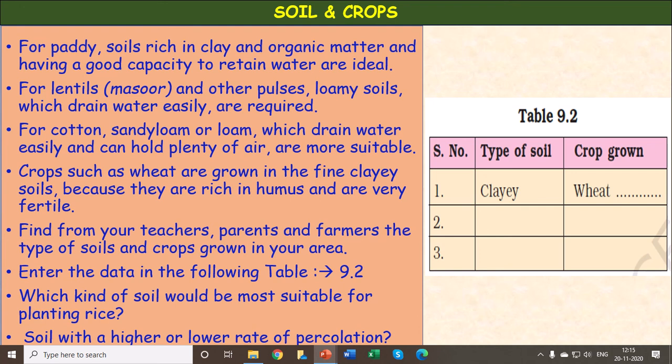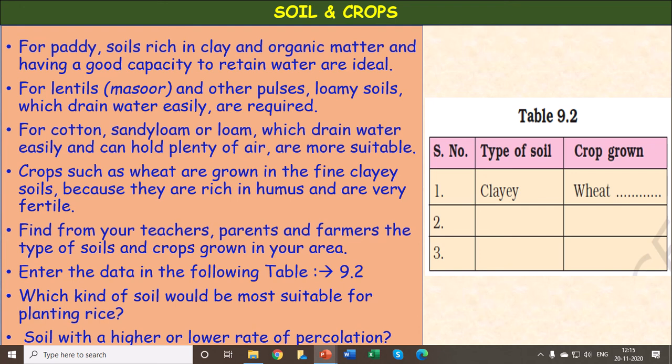In clayey soil, wheat is grown. In clayey soil with much organic matter, rice or paddy is grown. In loamy soils with good water draining, pulses can be grown.